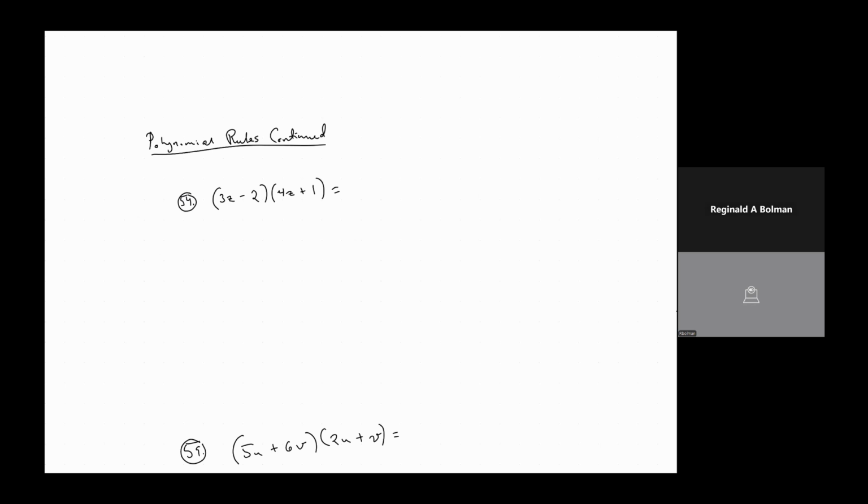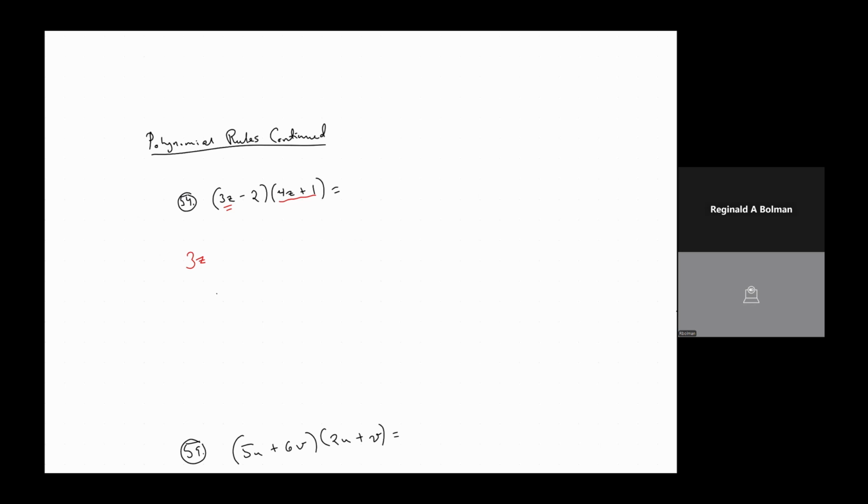Okay, so with that being said, I have a specific method by which I typically multiply polynomials. I'm going to use what's called extended distribution, where I take my first term, in this instance 3z, and just like distribution, I'm going to multiply 3z with the entire quantity that's listed in the parentheses that are next to my first polynomial, 3z minus 2.